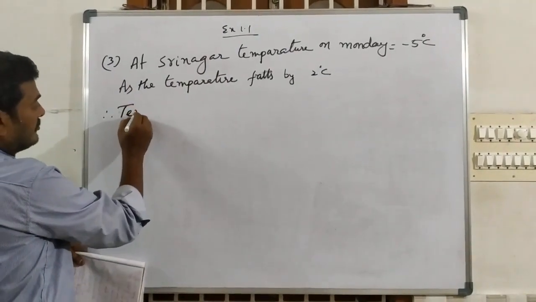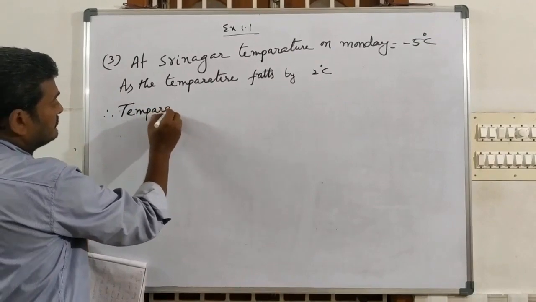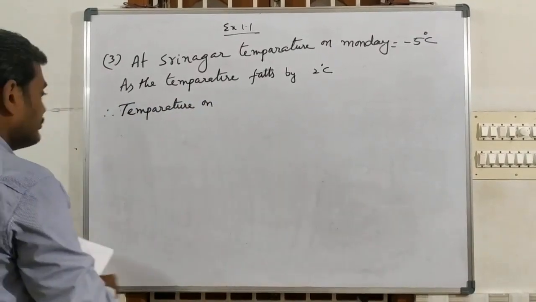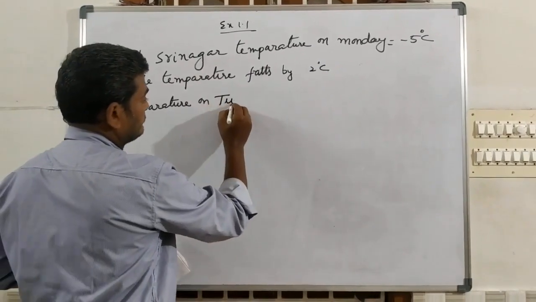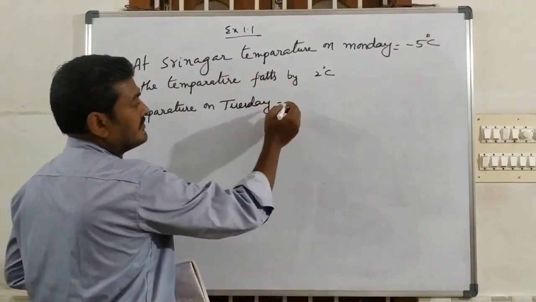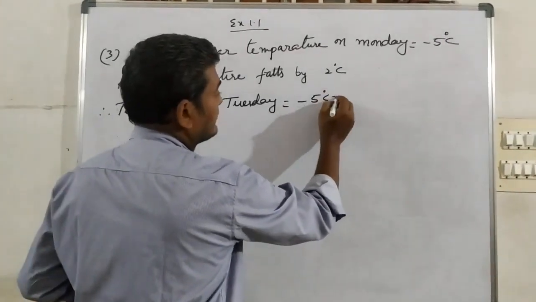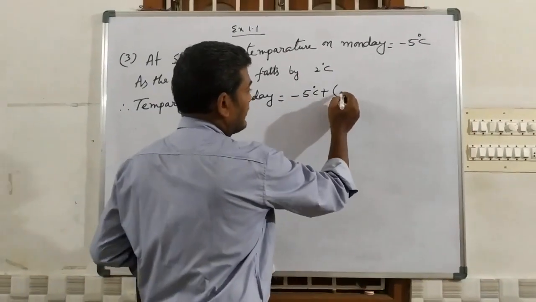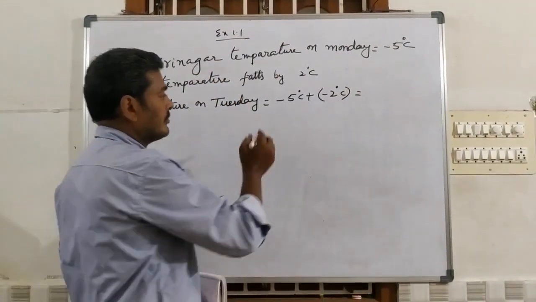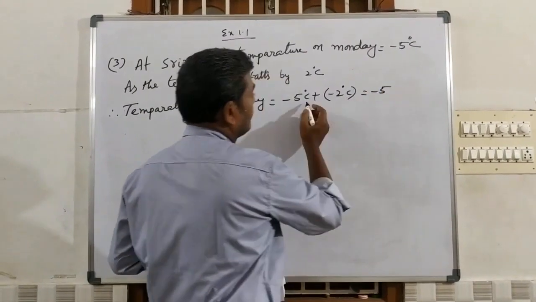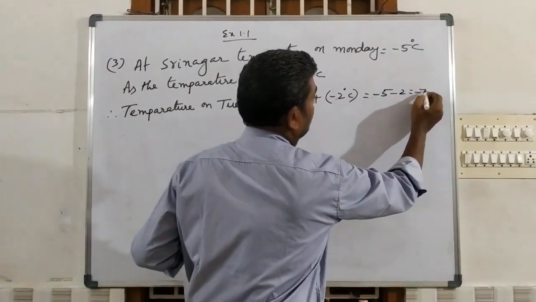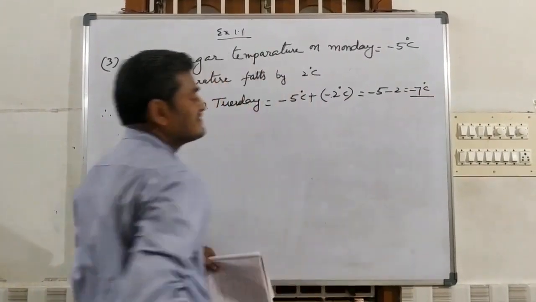Therefore, the temperature on Tuesday is equal to, already Monday's temperature is minus 5 degrees Celsius, plus we reduce it by 2 degrees Celsius, that equals minus 5 plus minus 2, that equals minus 7 degrees Celsius.